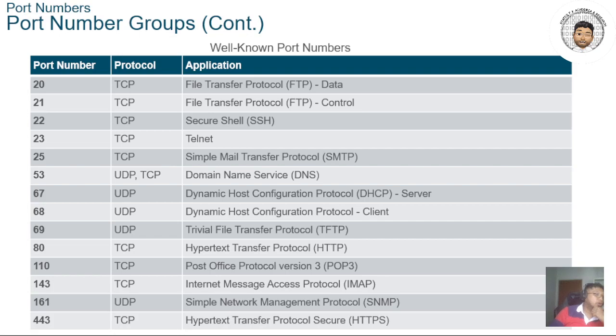If it blocks a port, you can no longer access any service through it. For example, if 20 and 21 are blocked, you cannot do any file transfer, because file transfer usually utilizes ports 20 and 21, the file transfer protocol.